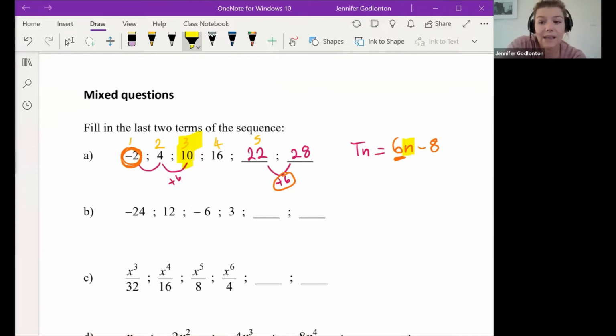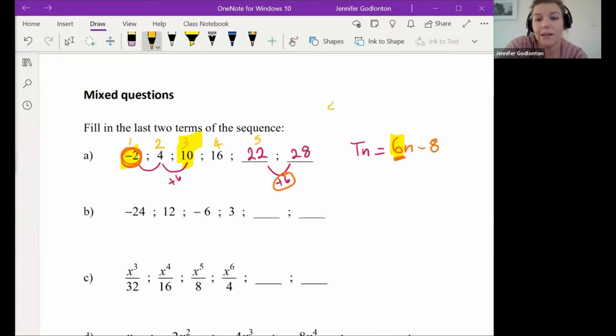So the minus 8 comes from needing to get from that first point, from 6, to -2. We always need to get to our first term, because basically what we're doing is substituting in 1 for n. And 1 times anything is itself. So 6 times 1 is 6, and I'm trying to get to -2. That's where that -8 came from.